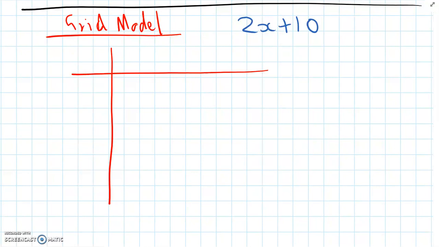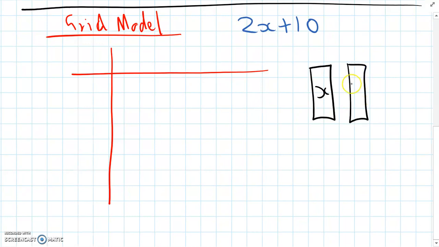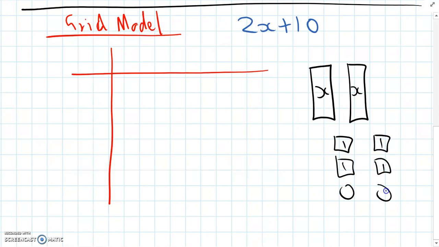So instead of starting along the edges, which we did before, we're starting in the middle because this is where the expanded form was. So we know we have 2 x's plus 10. The only tiles we're using are x's, and we have 2 of those, and we also have 10 of the 1 tiles. 5, 6, 7, 8, 9, 10.